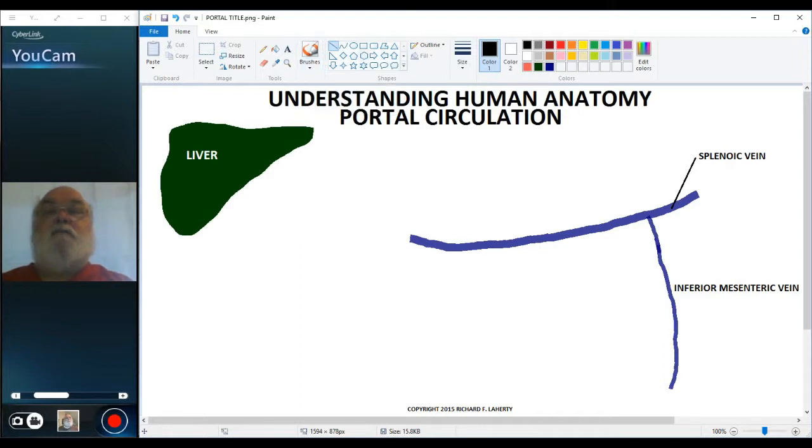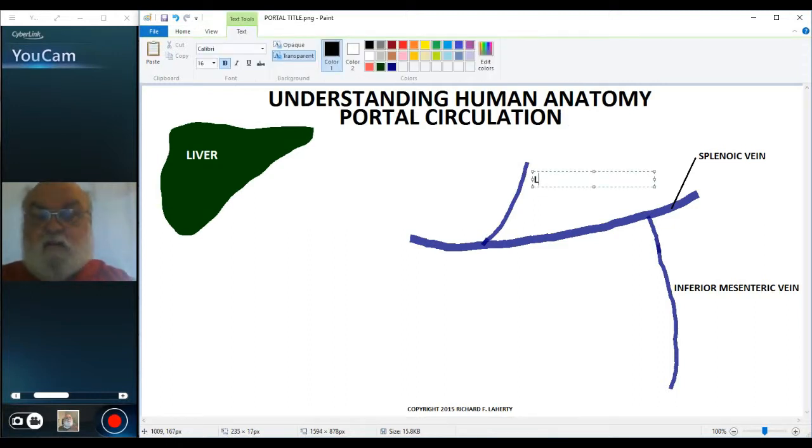And in particular, it receives the left gastric vein, and the left gastric vein will be coming in to join the splenic like so. So this is the left gastric vein.